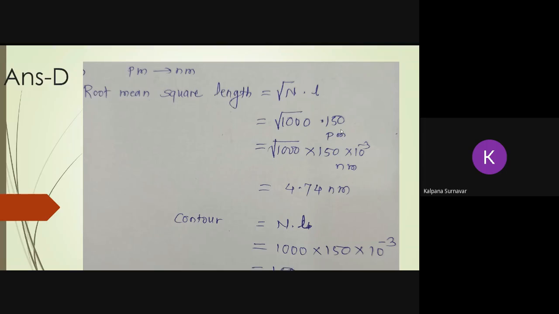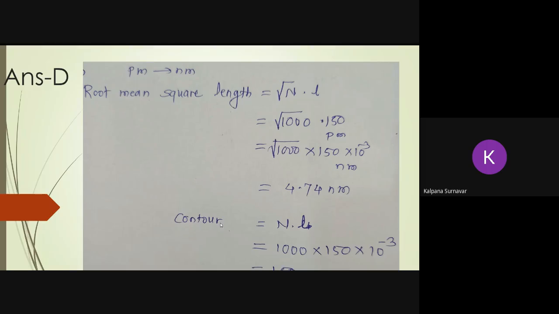But this answer is in picometer, and in the problem they asked to find the root mean square length in nanometer. So just multiply it by 10 raised to minus 3. By calculating these values on a calculator, the answer comes 4.74 nanometer. This is the root mean square length of a polymer which is in the form of a coil.